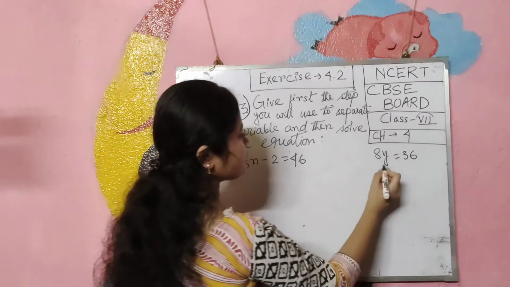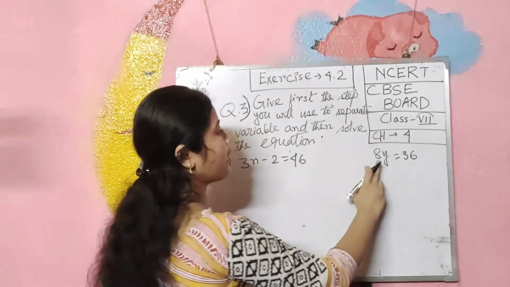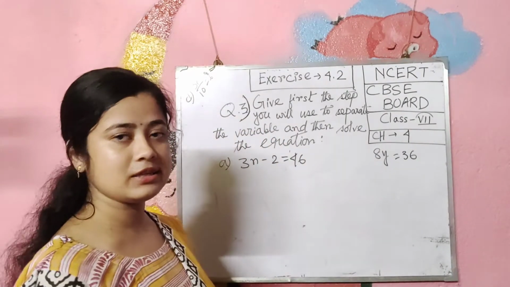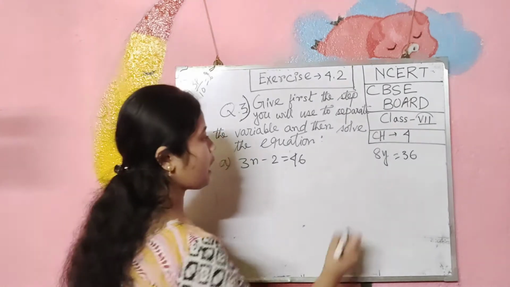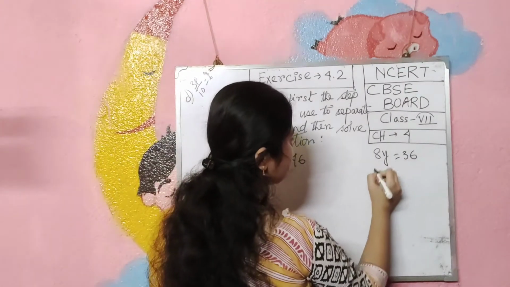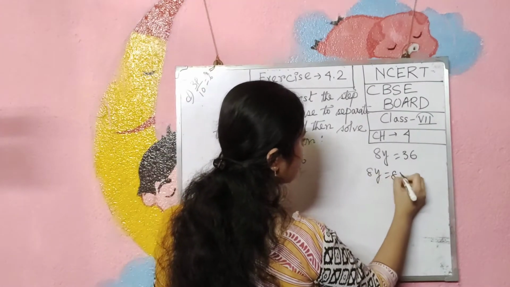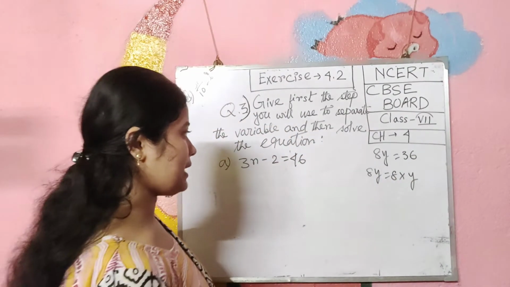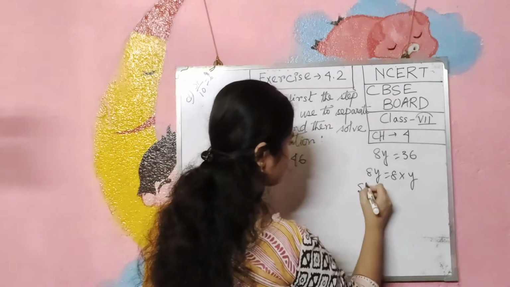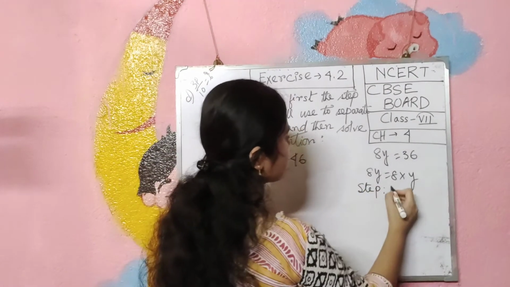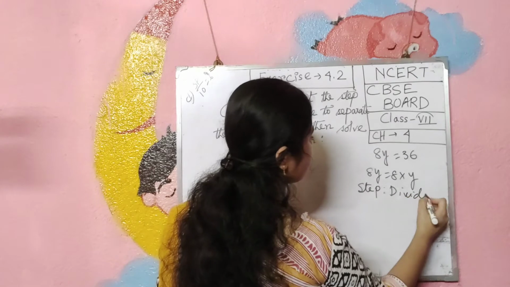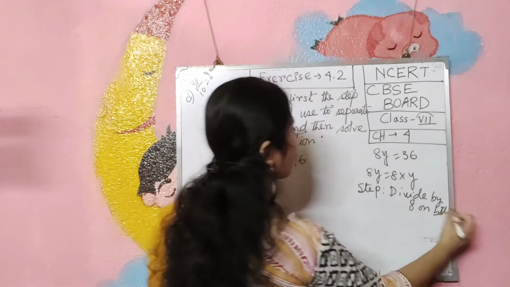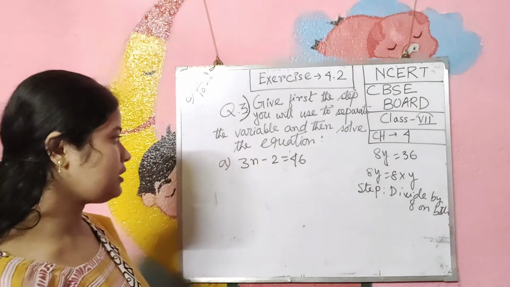Up to question number 2, I already solved equations like 8y equals 36, where the variable has only one digit multiplied or divided. How did I solve that one? 8y means 8 into multiplication, so the opposite of multiplication is division. So the step is division: divide by 8 on both sides. Like that I solve the equation.